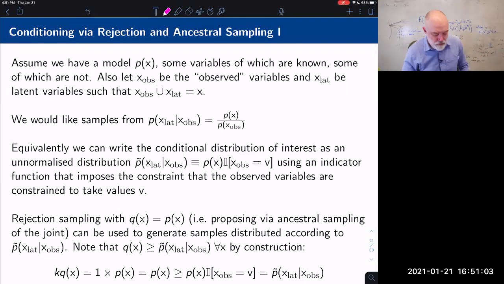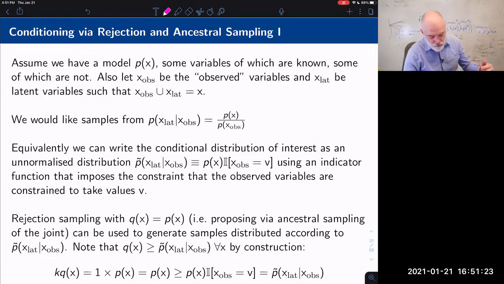So if you do rejection sampling with Q equal to the joint, like you propose from the joint, in a graphical model you just ancestrally sample from the joint, then that can be used to generate samples according to the posterior distribution, right?